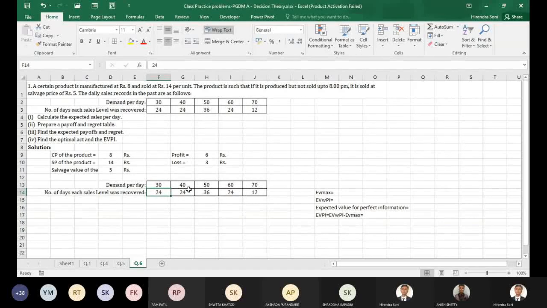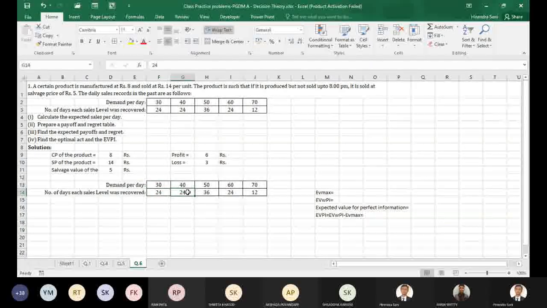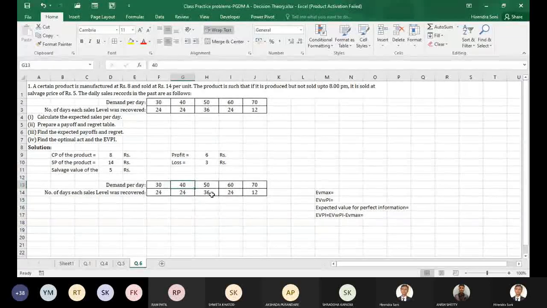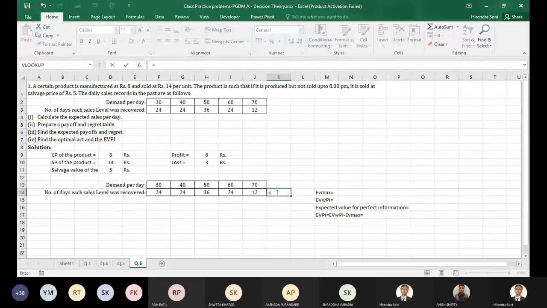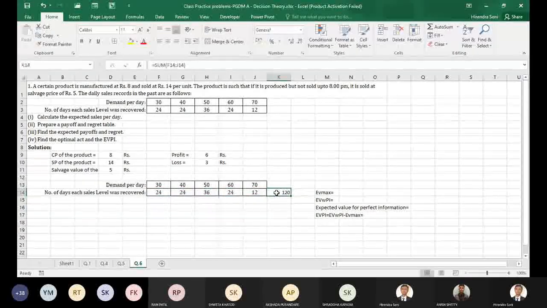Another 24 days had observed 40 units per day. Another 36 days have observed 50 units per day, and so on. So this basically says ये कितना इसके लिए है? This information is available for 120 number of days.